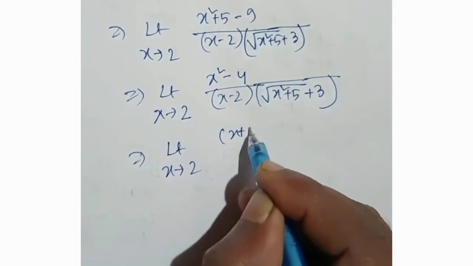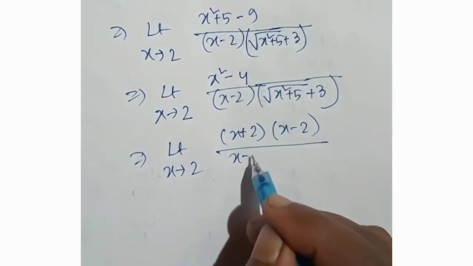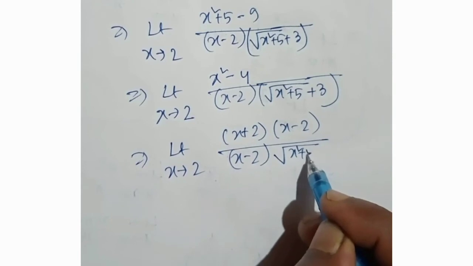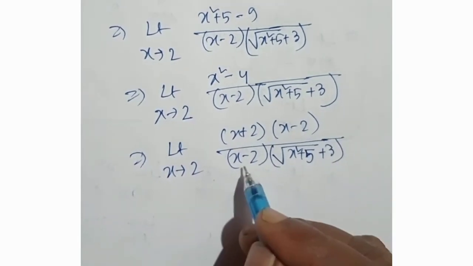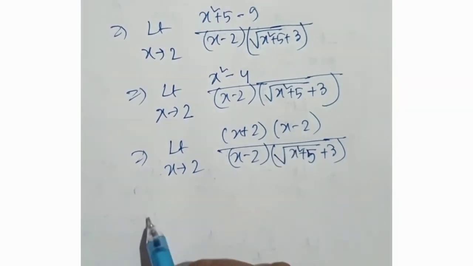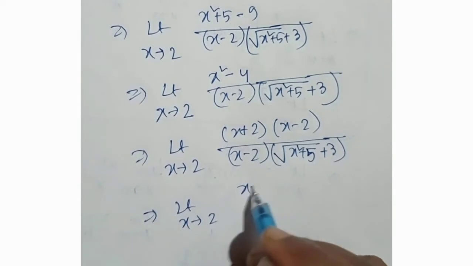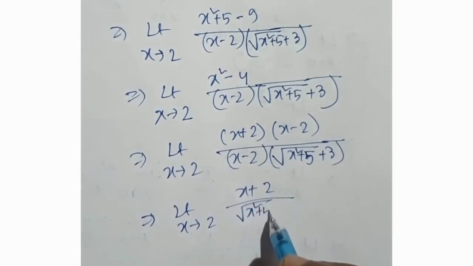Here we will get (x plus 2) into (x minus 2), and the downside is (x minus 2) into (root x square plus 5 plus 3), right? So this x minus 2, this x minus 2 will be cancelled. So limit x tends to 2, (x plus 2) by (root x square plus 5 plus 3).